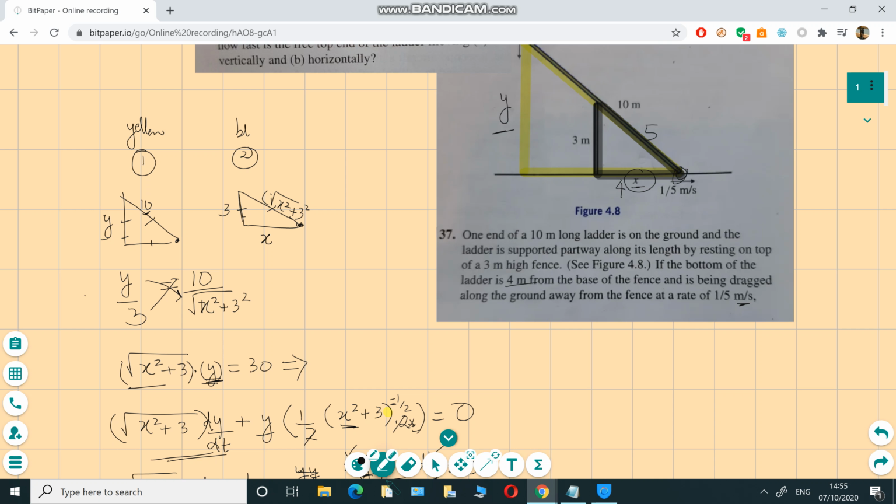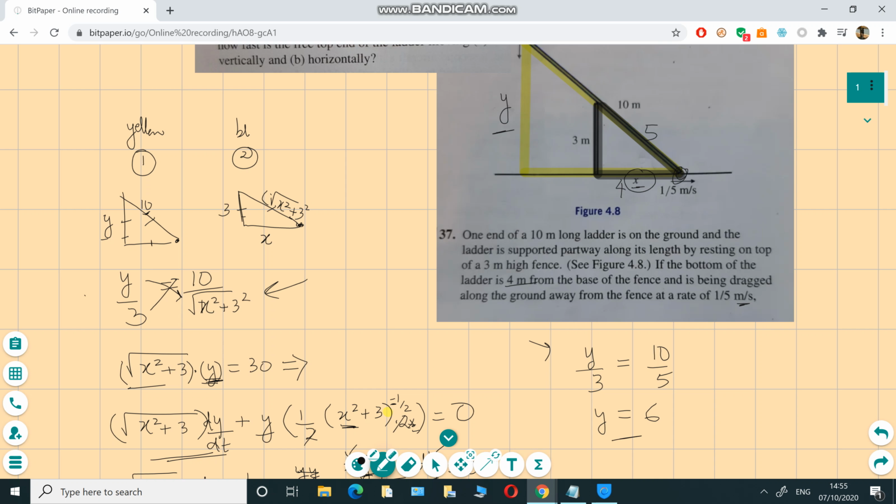And this is 5. So now we can use similar triangles, and we can say y over 3 is equal to 10 over 5. The same idea that got us this equation gets us this. And so we get y equals, hope I did that right, y over 3 equals 10 over 5. And so we get y equals 6.